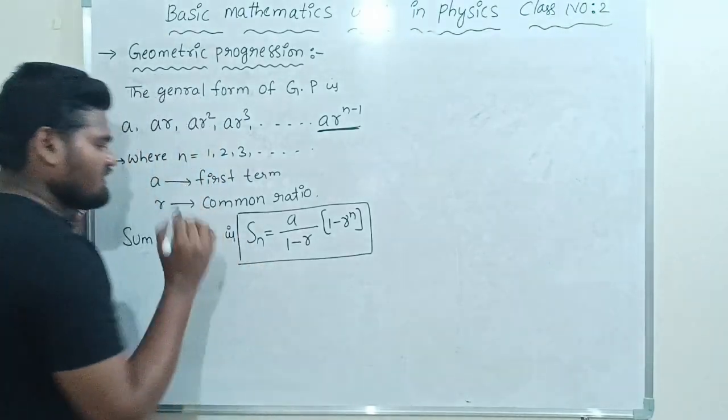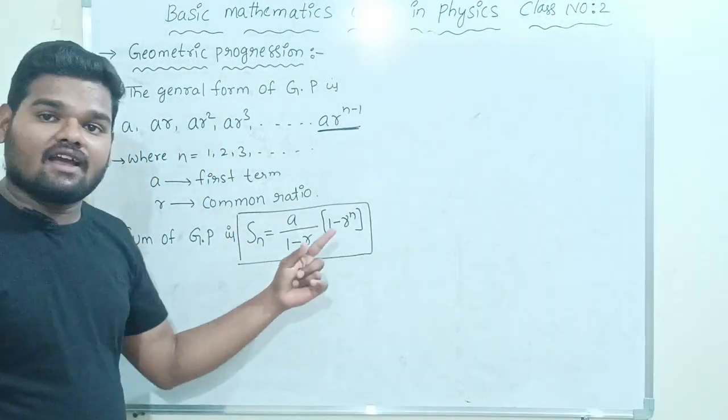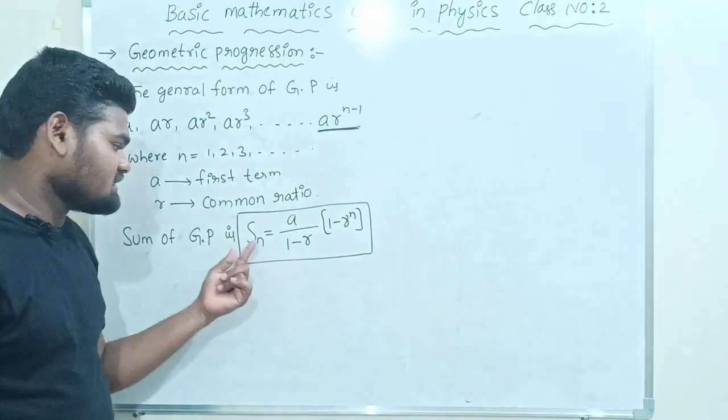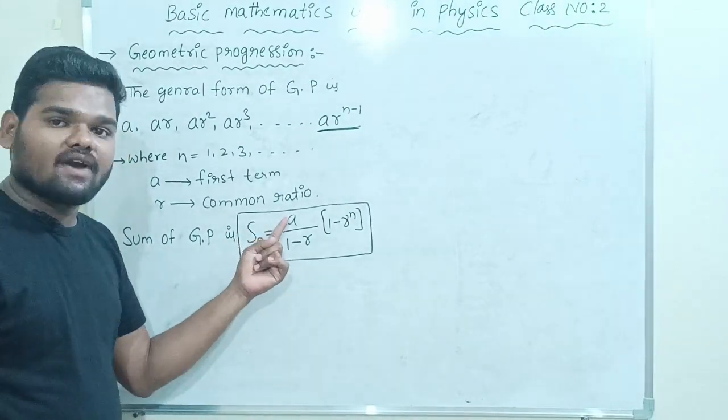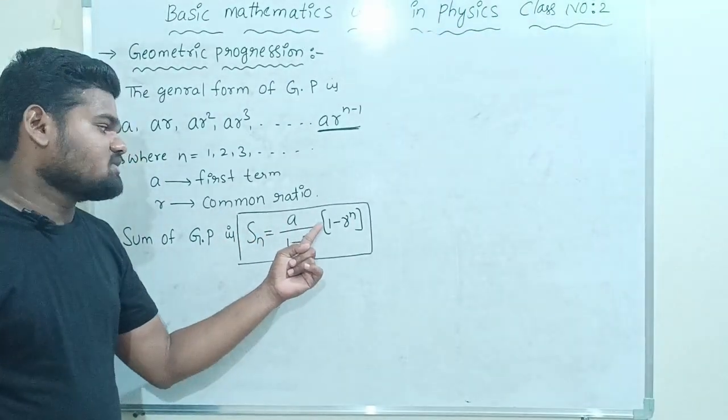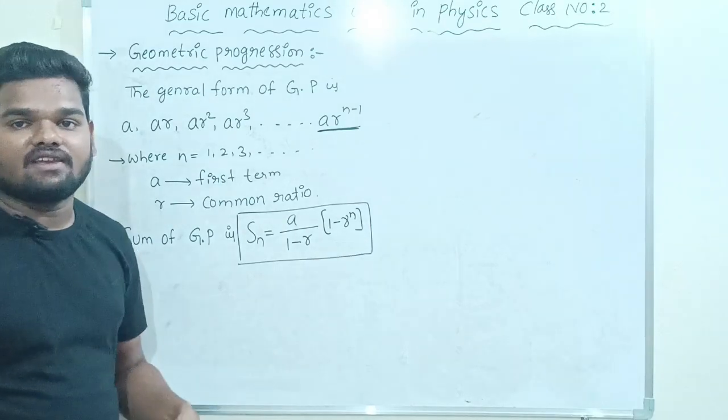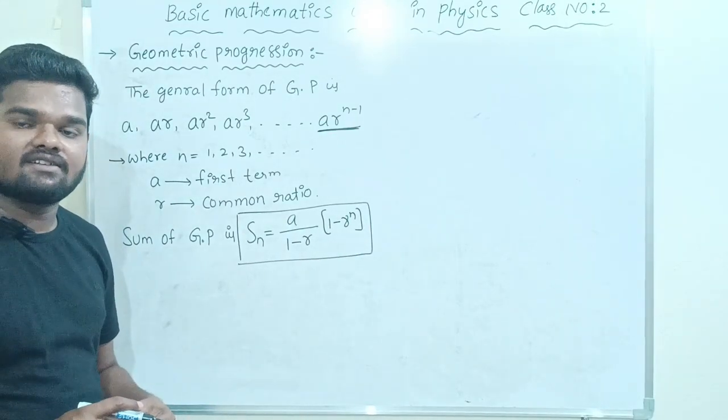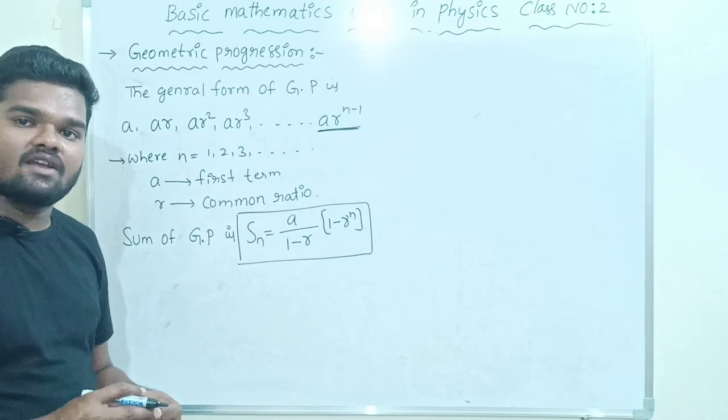So this is the sum of n terms in geometric progression. Is it clear? Any doubts? Okay.